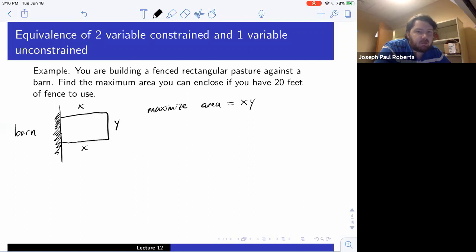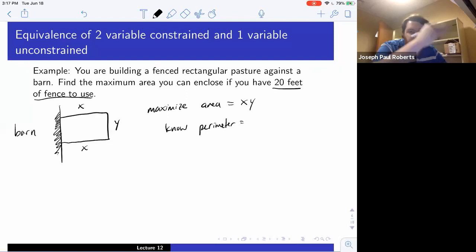And then the idea is that in Calc 1, you didn't know how to do derivatives involving multiple independent variables. So you had to somehow reduce this 2-variable problem to a 1-variable problem. And what you did was you used the perimeter constraint to do this.